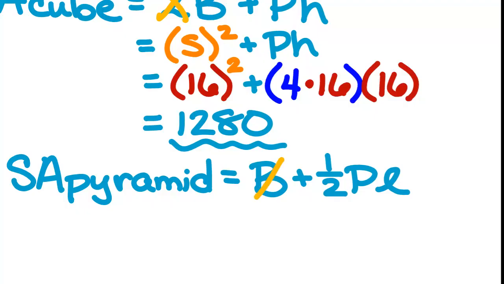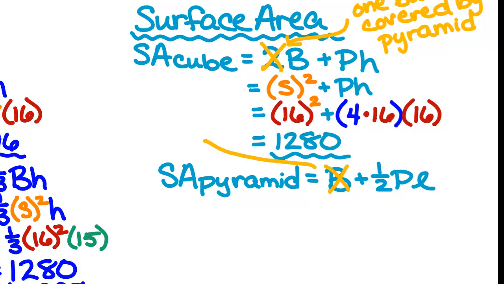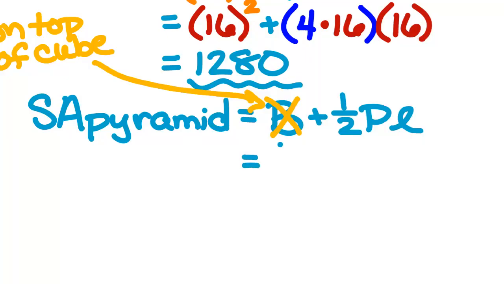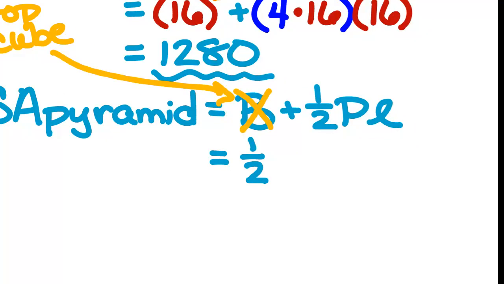No, so we don't need the base. This is on top of the cube. So just 1/2 times perimeter times our slant height. So 1/2, the perimeter of the pyramid is the same as what? The perimeter of the cube. So we do 4 times 16 for the perimeter of the base.